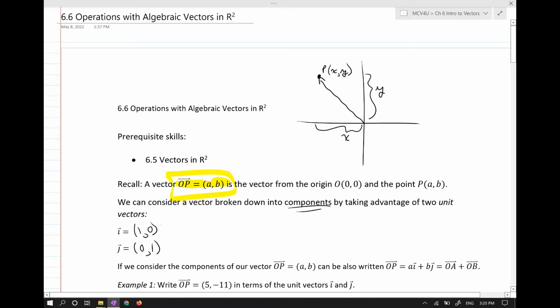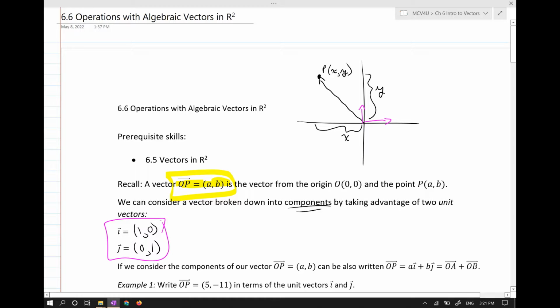Now, vector i reaches 1 unit in the x direction. That is, vector i might look something like this. Vector j reaches 1 unit in the y direction. So vector j might look something like that. So we'll break it down like so.